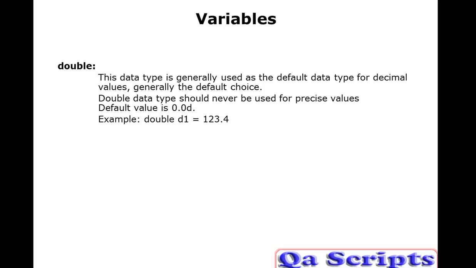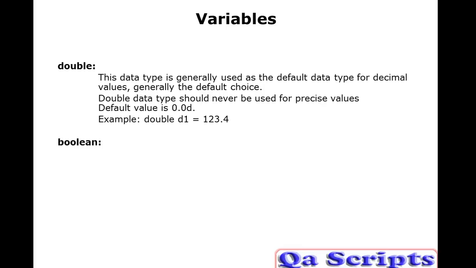Example for this data type double: we have to use the double keyword followed by the variable name, then assign numbers in fractional form. Here you can pass numbers like 123.4 and 567.567, like that you can assign decimal numbers to this kind of data type variable.